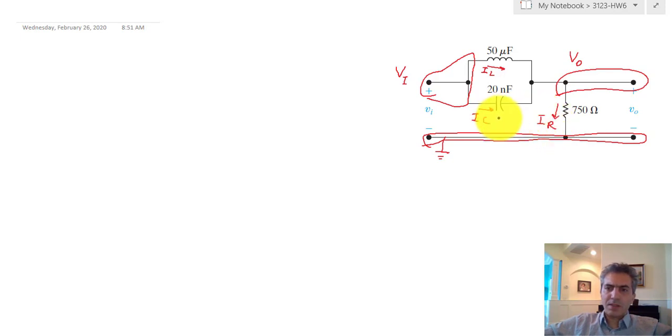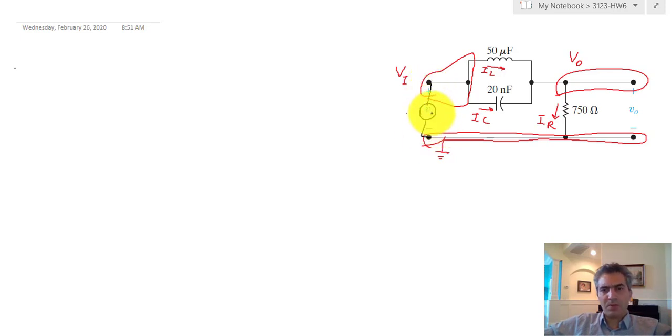So there's one KCL in this circuit, and we're going to write it. There's actually current going into this node, but we are not interested in that current. But for the sake of completeness, there's actually a source here.